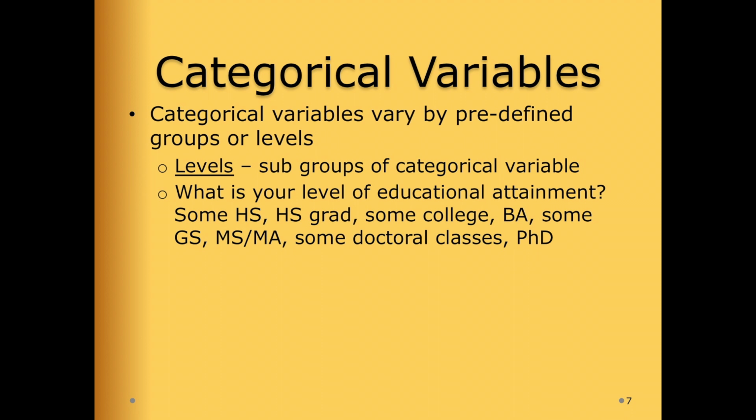For example, we could ask participants about their education by asking them to place themselves into one of several categories, such as less than high school education, high school graduate, some college, a bachelor's degree, some graduate school, a master's degree, and so on.